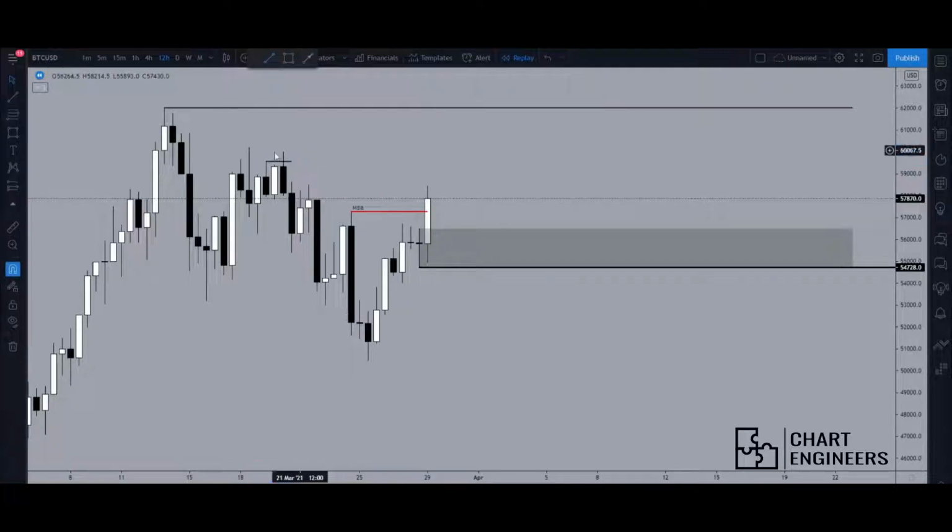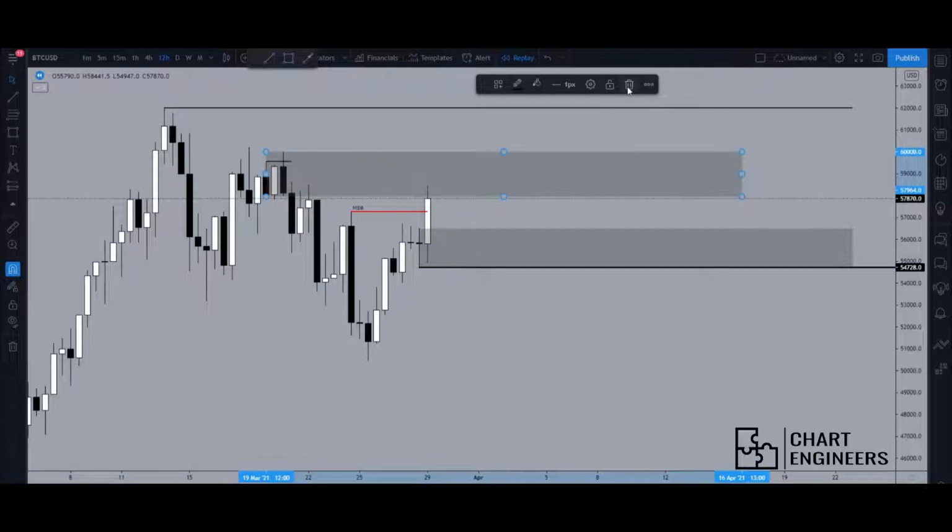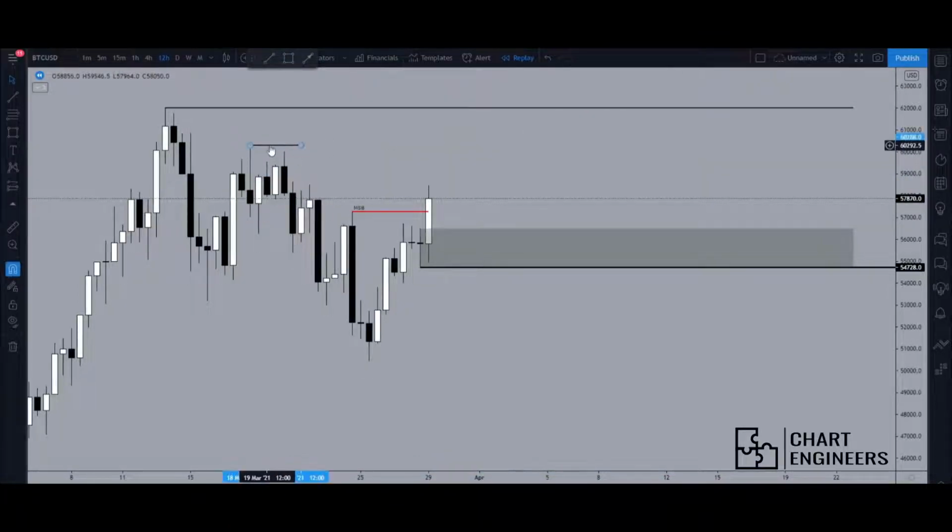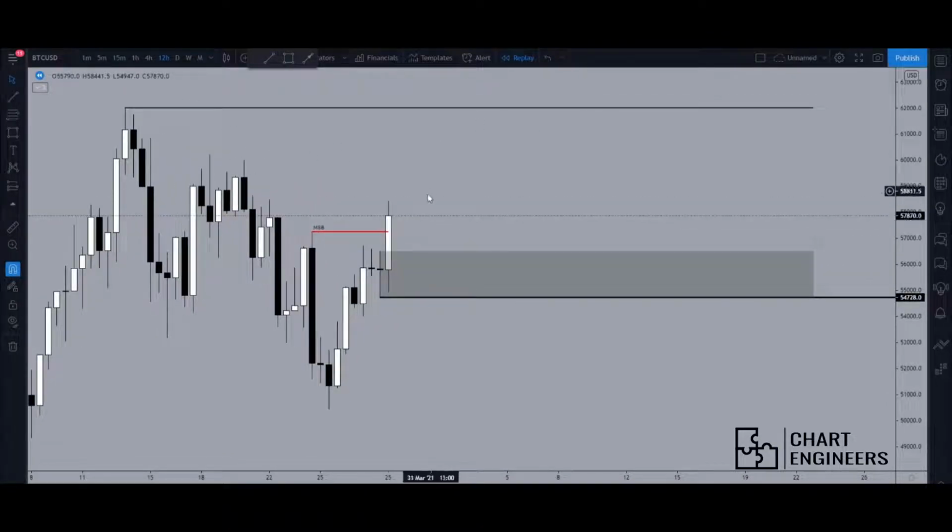But in the meantime, we do have this 12-hour breaker zone right here, but I'm not really paying too much attention to this as we are in an uptrend and these highs are relatively equal, so I'll be leaving that for now, and then I'll just be looking for longs in an order block.